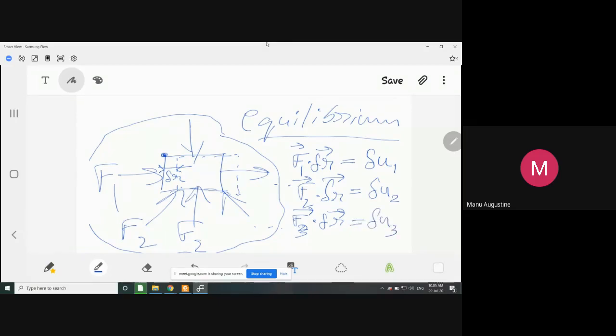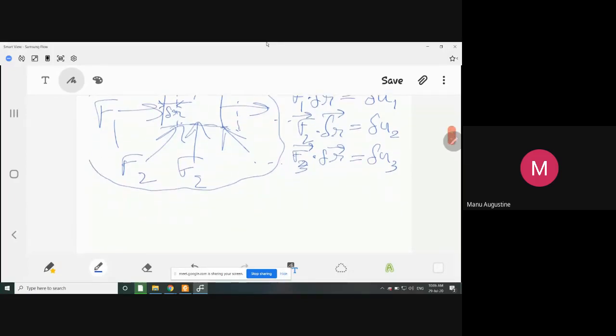If I go on adding the virtual works done by all n forces, the principle of virtual work says that since the body was in equilibrium, the sum of all the virtual works will come out to be zero, no matter how you take it. So this is the concept of virtual work, and we are going to use it.